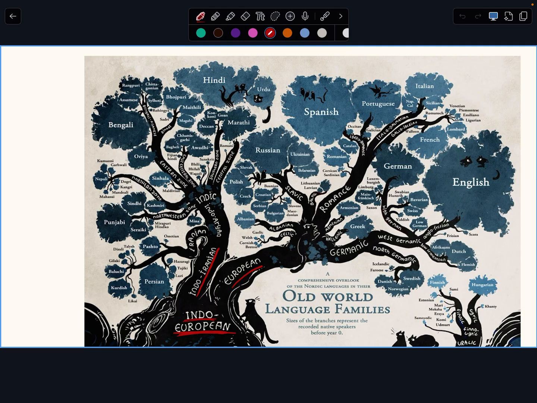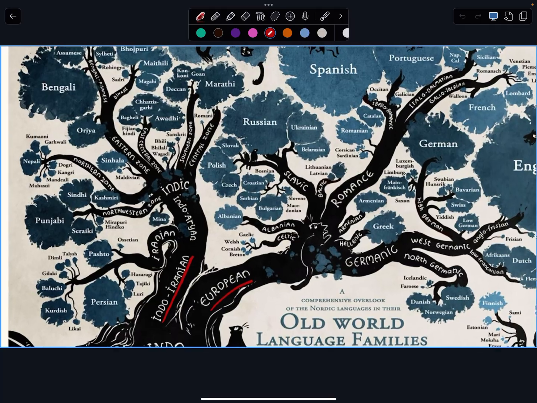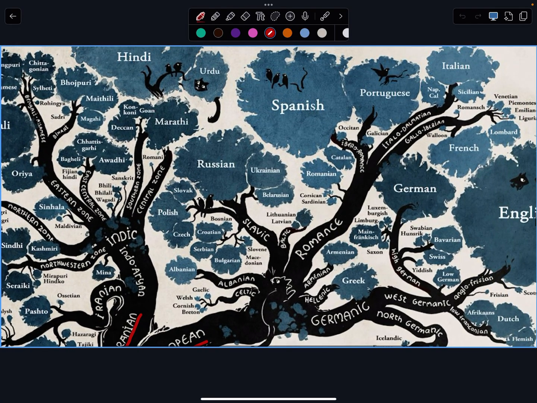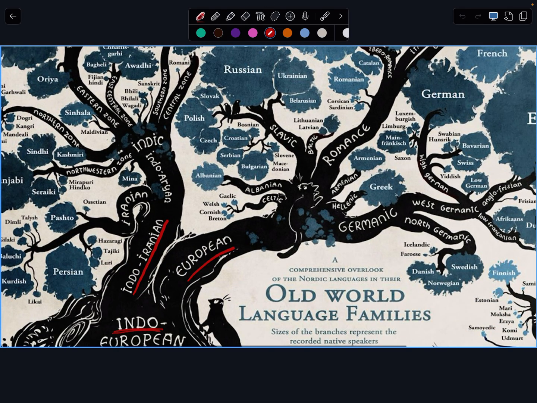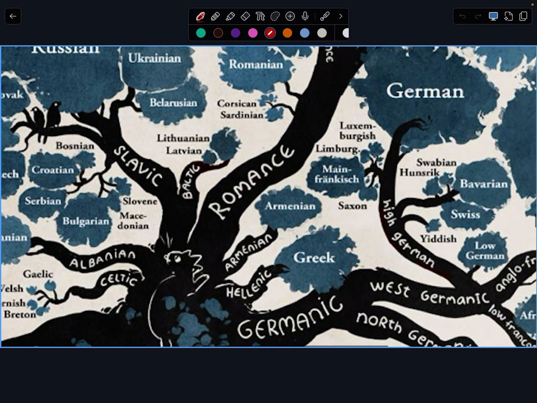Okay, so if you look at this, remember when we talked about like the second day, that language is like a tree? Okay. All right, so if you zoom in, where are we? Okay, so Romance language, Latin is kind of over here.